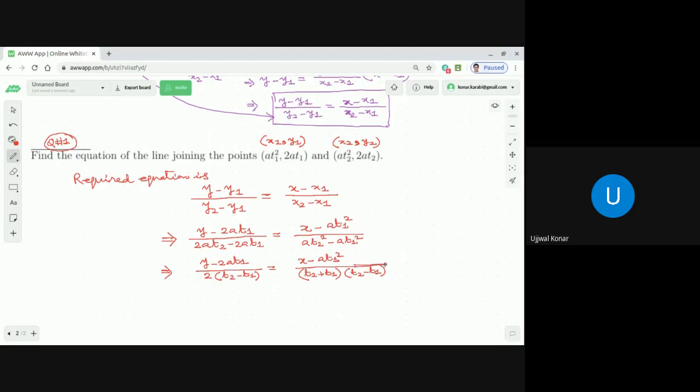So what we can write is that since a cannot be equal to 0, because if a is equal to 0, the question doesn't make sense.